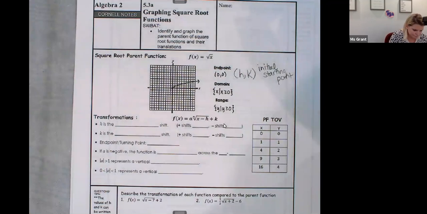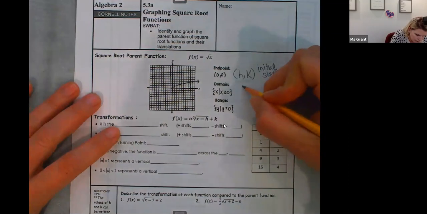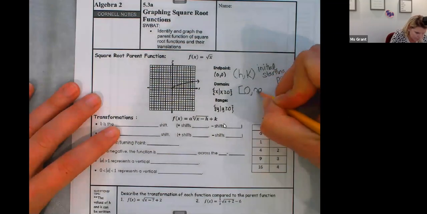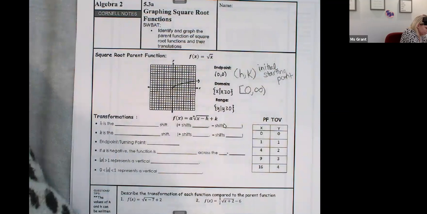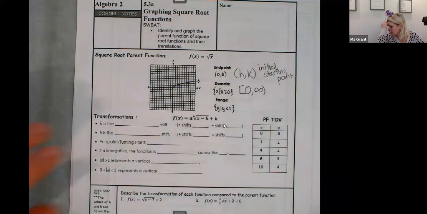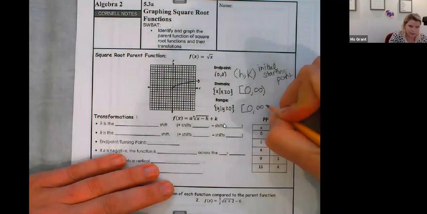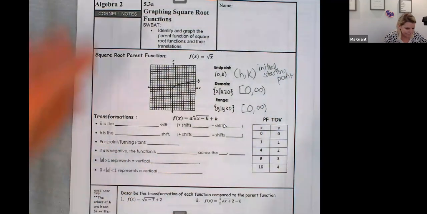The domain for this, the better way to write domain, is going to be a bracket 0, infinity with the parentheses. And then my range for this parent function would be 0, infinity as well. Because look at it.